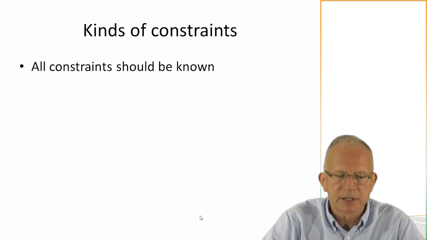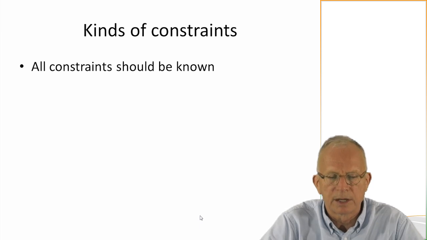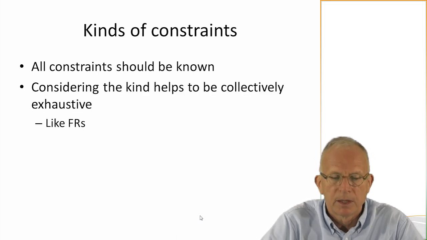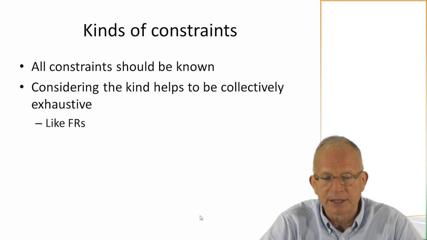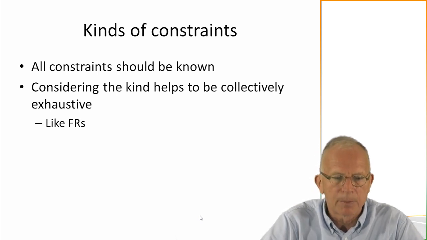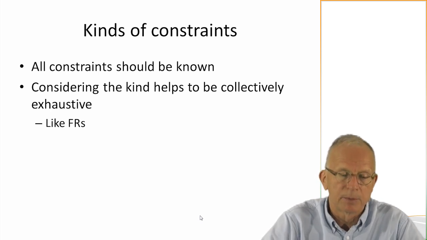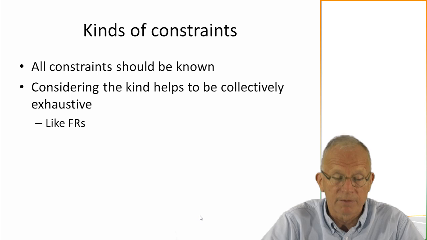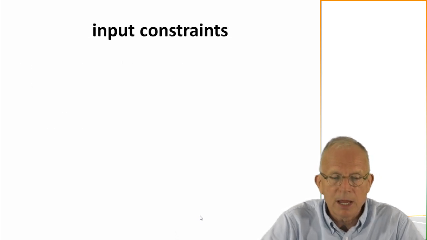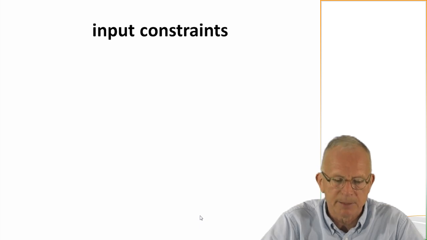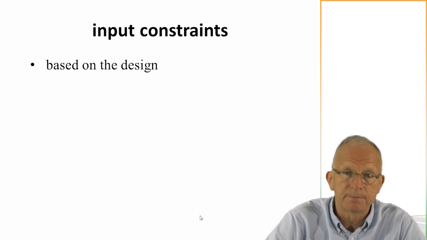Now, there are different kinds of constraints we could consider, and all of the constraints should be known in a design problem. So considering the different kinds of constraints can help be collectively exhaustive, so all the constraints can be known. Similar with FRs, we want to know all of the functions. So, input constraints, and these Nam Su defines in his 1990 book, the Principles of Design.